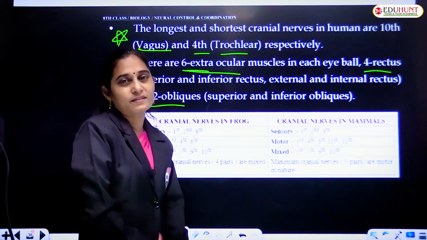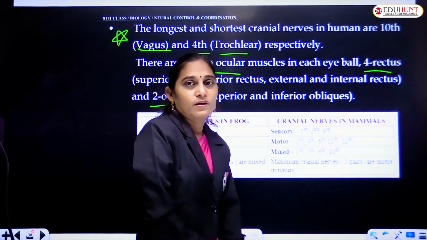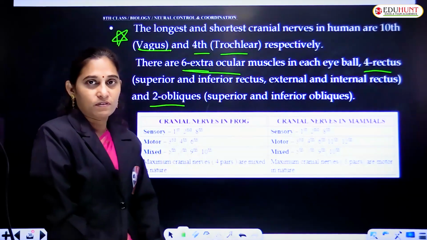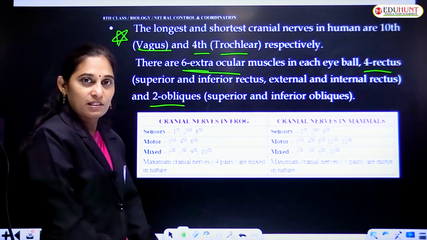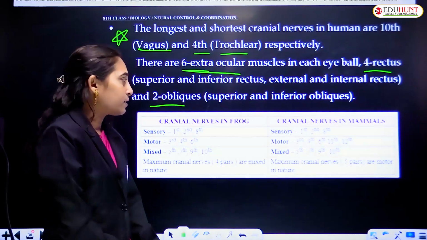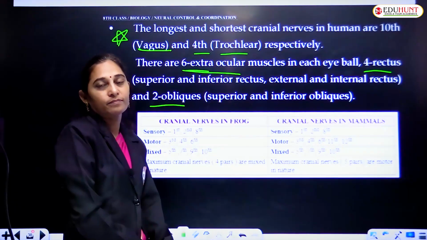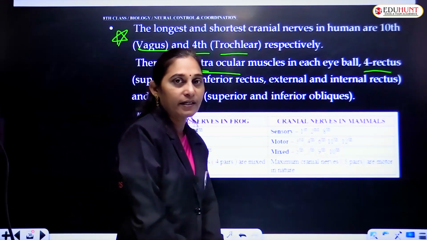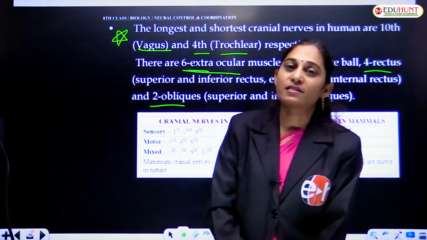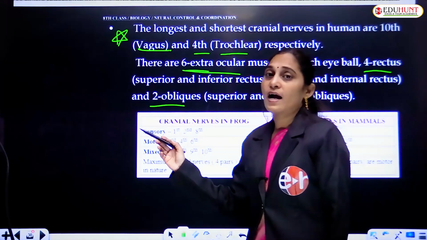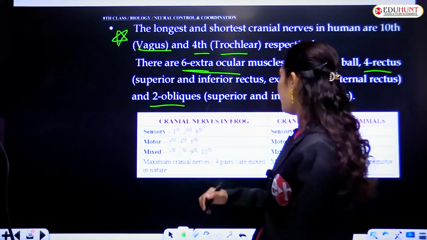We have seen that there are 3 different types of cranial nerves: sensory, motor and mixed. The sensory nerves are 1, 2 and 8, both in frog as well as mammal.